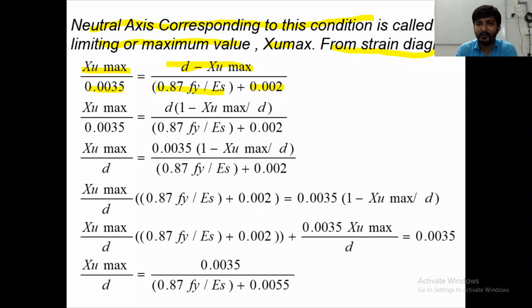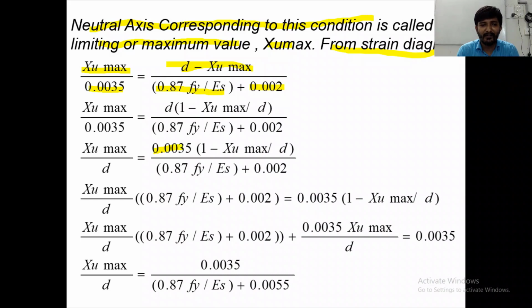If you simplify this equation, it will become D minus XU max divided by 0.87 Fy divided by Es plus 0.002. Now if you multiply this, D goes down, so XU max divided by D is equal to 0.0035, and the other terms will remain the same.